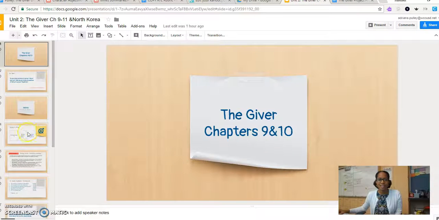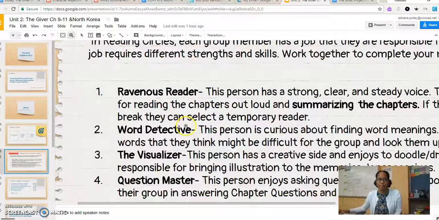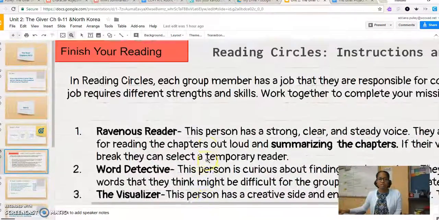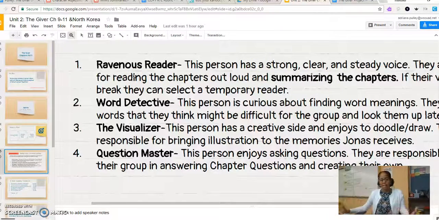Let me make sure there's nothing I left out. Oh, I wanted to take a look quickly at the literature roles, just briefly. I know I'm over time here. What I like about the literature circles is that the roles really play on students' strengths. So maybe this person's a strong reader, they will get to read out loud, they like reading out loud.